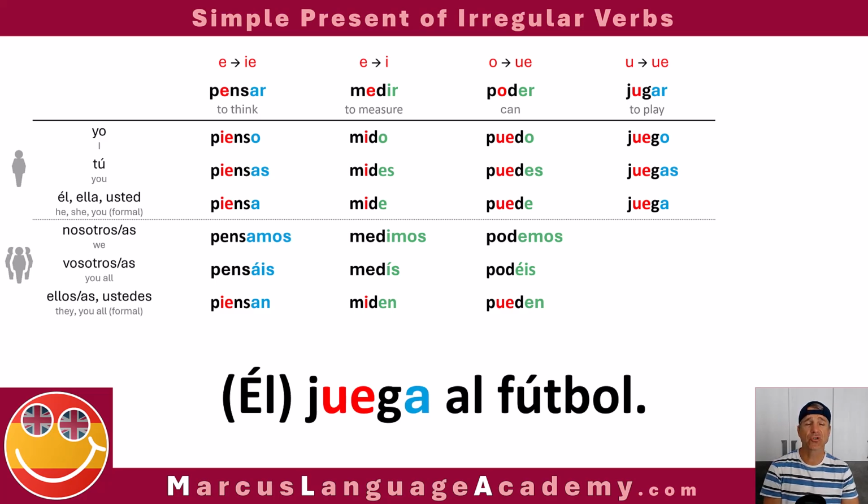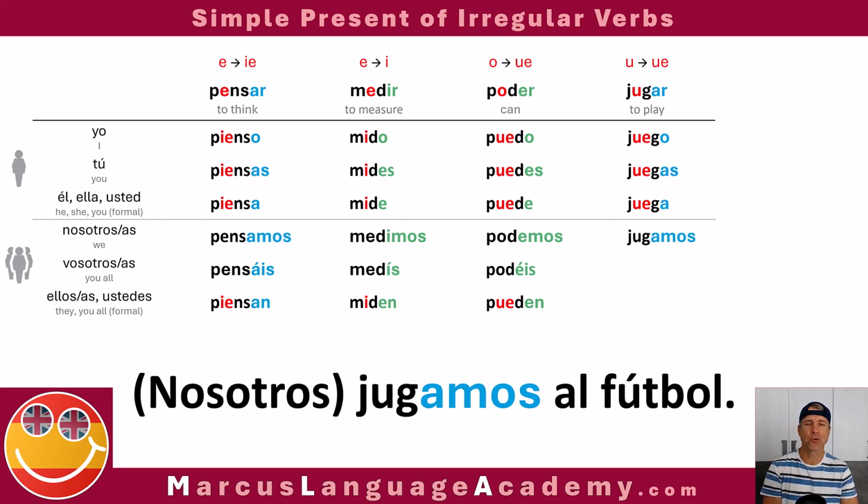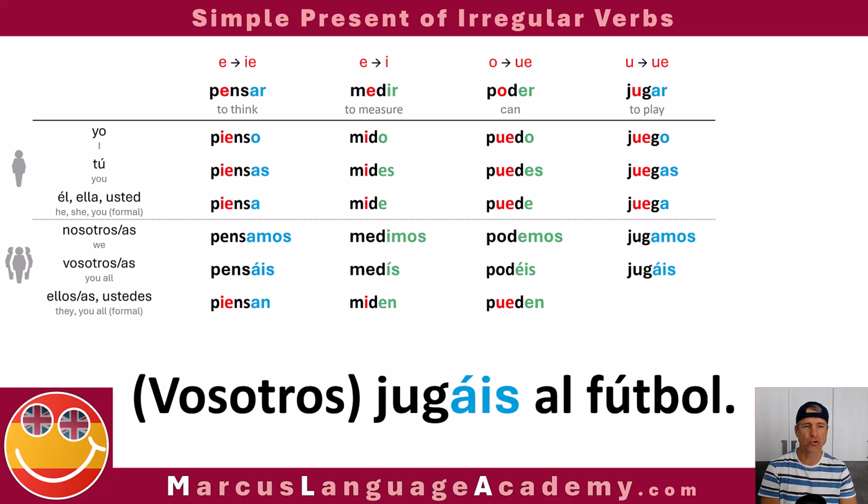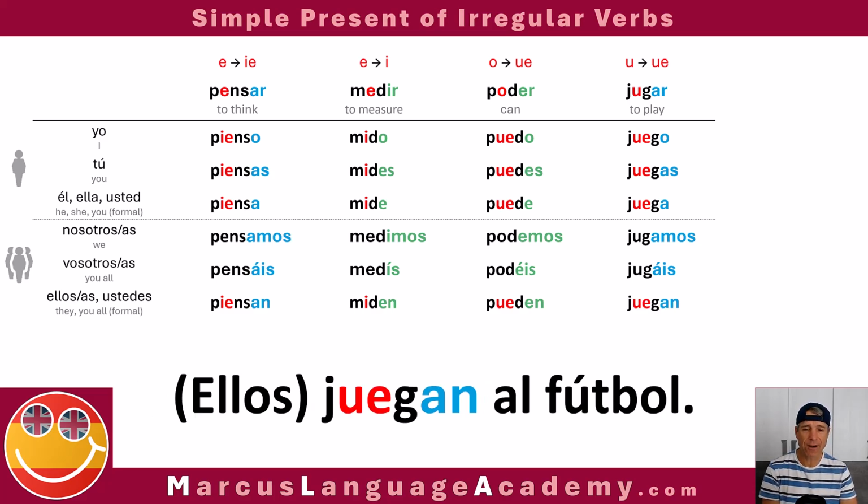And then nosotros, it's regular again, jugamos. Like pensamos, jugamos. Nosotros jugamos al fútbol. Vosotros jugáis al fútbol. So you all play football. And third person, it's again irregular.